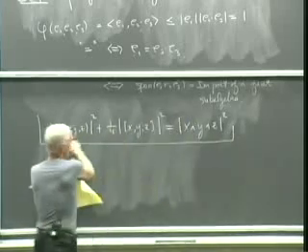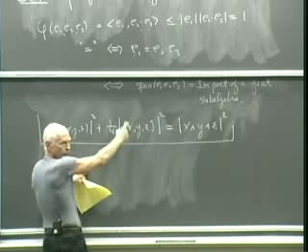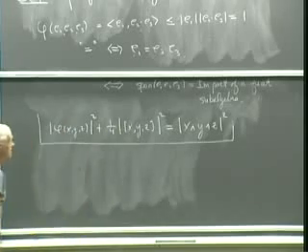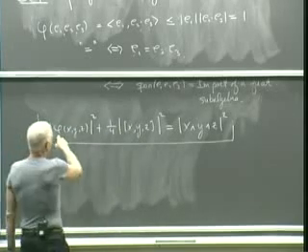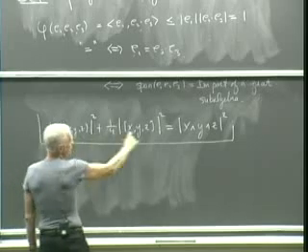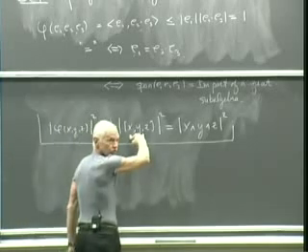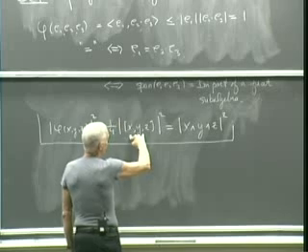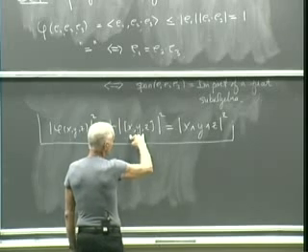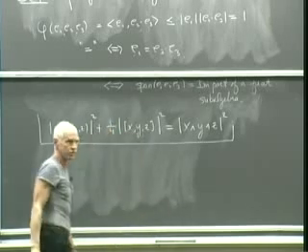Because this is the real part, and this is the imaginary part. So what does that tell you? It tells you that this is equal to plus or minus 1 if and only if this is 0. And that means it's an associative algebra, and an associative algebra is a quaternion subalgebra.